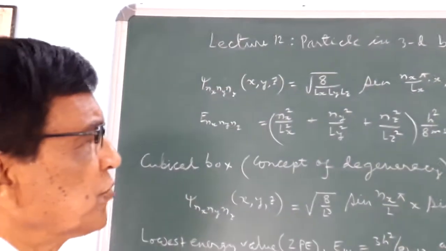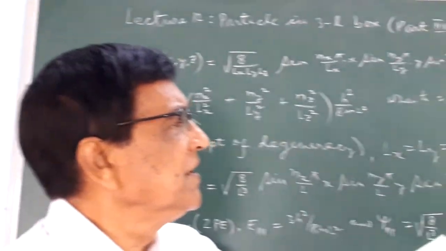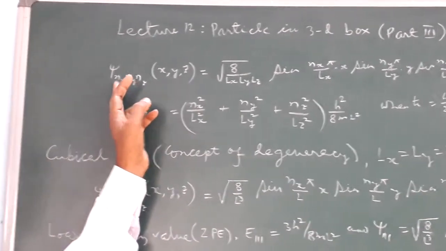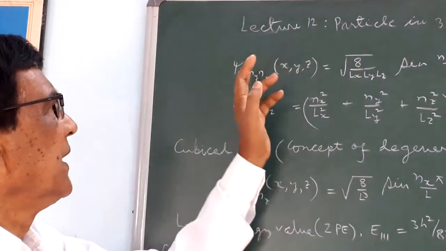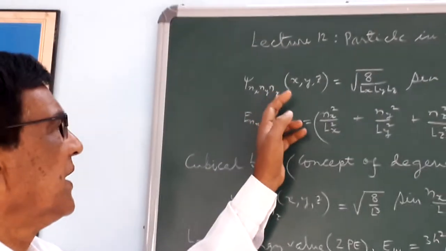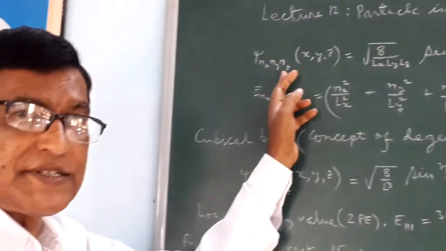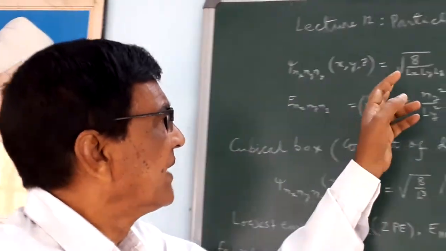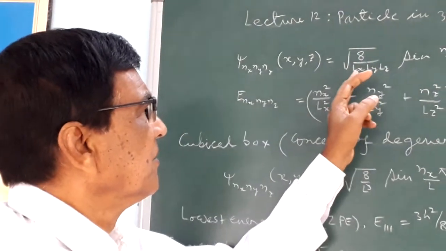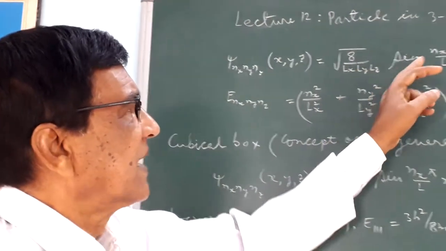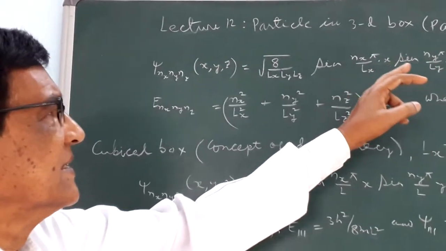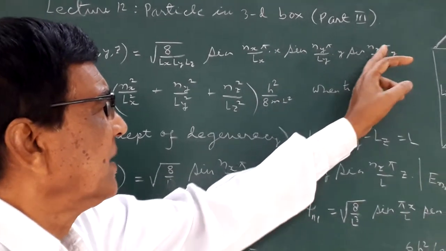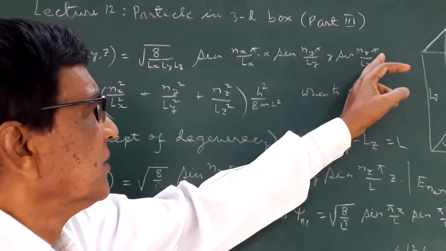For the motion of this particle in a 3D rectangular box, the wave functions could be written in a better way as ψ(nx, ny, nz), where these are the quantum numbers along the x, y, z directions, and it is a function of x, y, z. It will be root over 8 by Lx Ly Lz, and sin(nx π x / Lx), sin(ny π y / Ly), sin(nz π z / Lz).